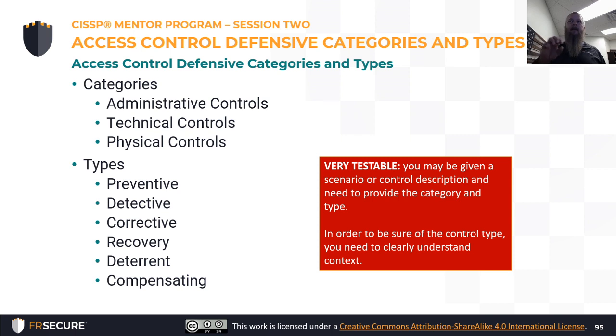So, depending on the context, you'll need to be able to understand the context of which the control is being used. That will tell you the intent, and then the category. So you'll have to identify that. It's in the book, and it just takes some practice.